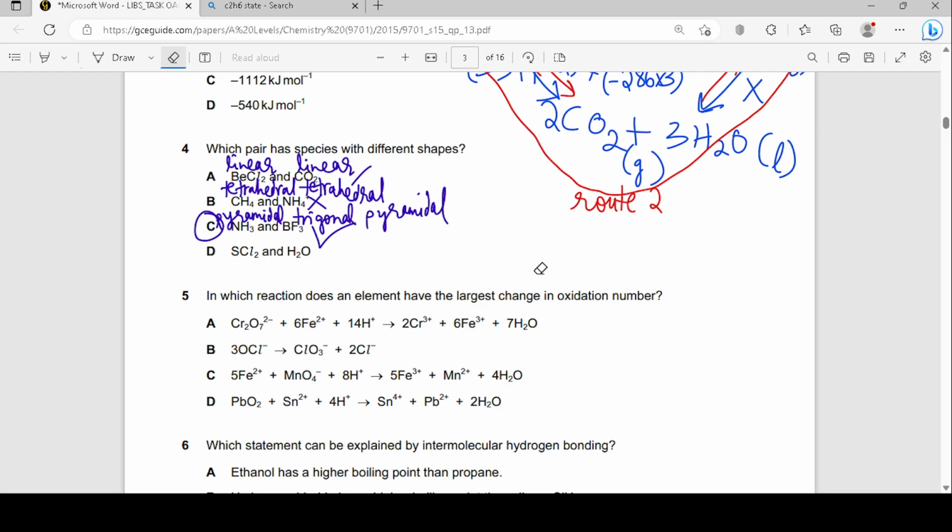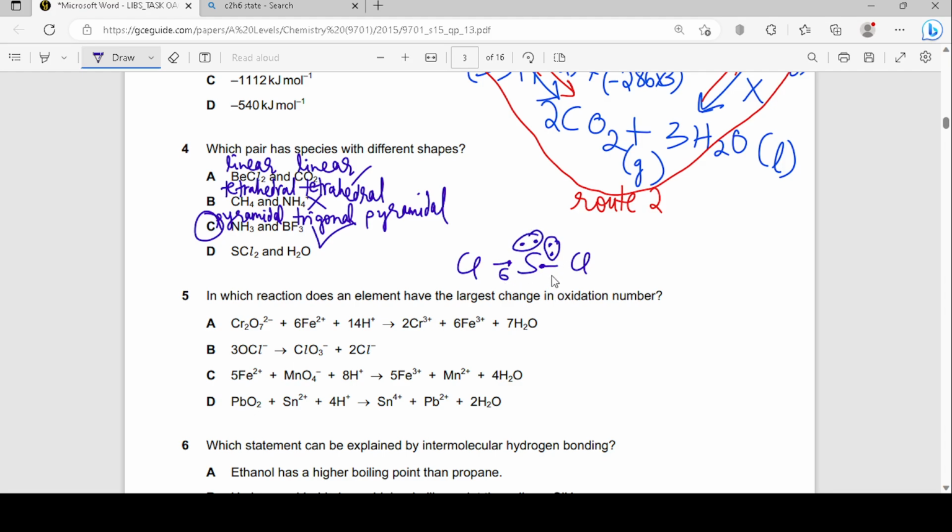We have SCl2 and H2O. Let's look at it. So S, then Cl on either side. Sulfur is in group 6, so it has 6 electrons in its valence shell. So one is bonded here, one is bonded here. Then you have one lone pair and another lone pair. So there's two lone pairs basically.